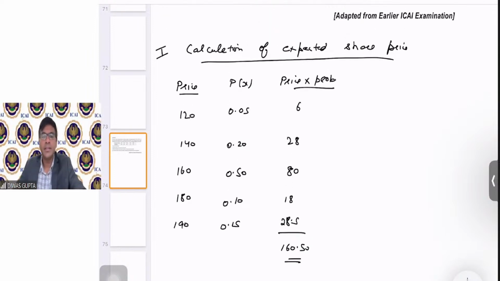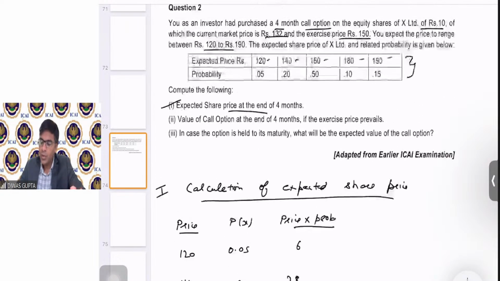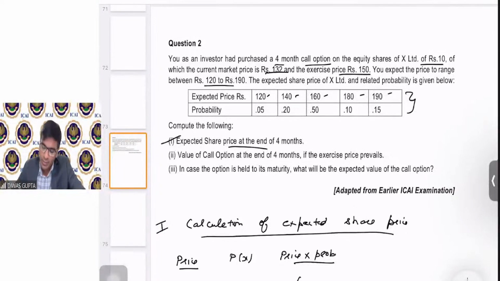Okay. This is the expected price, expected share price. Simple. This has nothing to do with any other concept, just probability multiplied by the price.